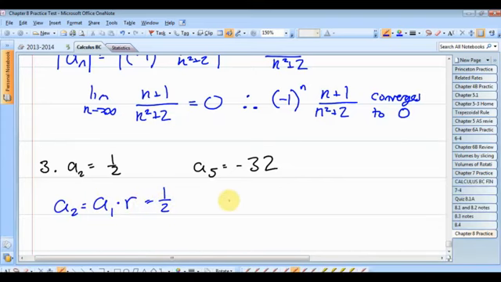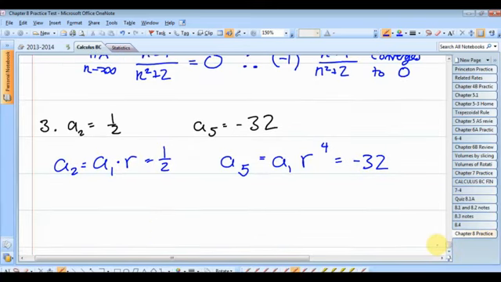This is the recursive rule. This is the explicit rule. A5 is equal to the first term times r to the fourth power, and that's equal to negative 32. We're going to be working from here.